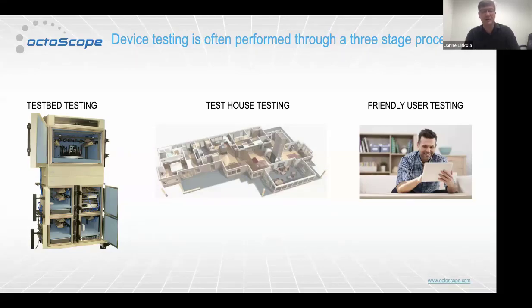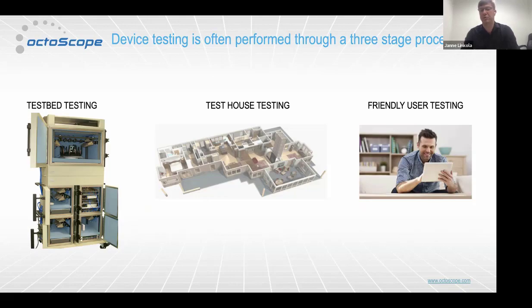Typically, this starts in some kind of lab testing, perhaps performed in a test bed, much like the ones that octoScope sells. Quite often, the product is then taken into some kind of open air environment, perhaps a test house, and then finally, the testing might, or very often does, involve real end users.